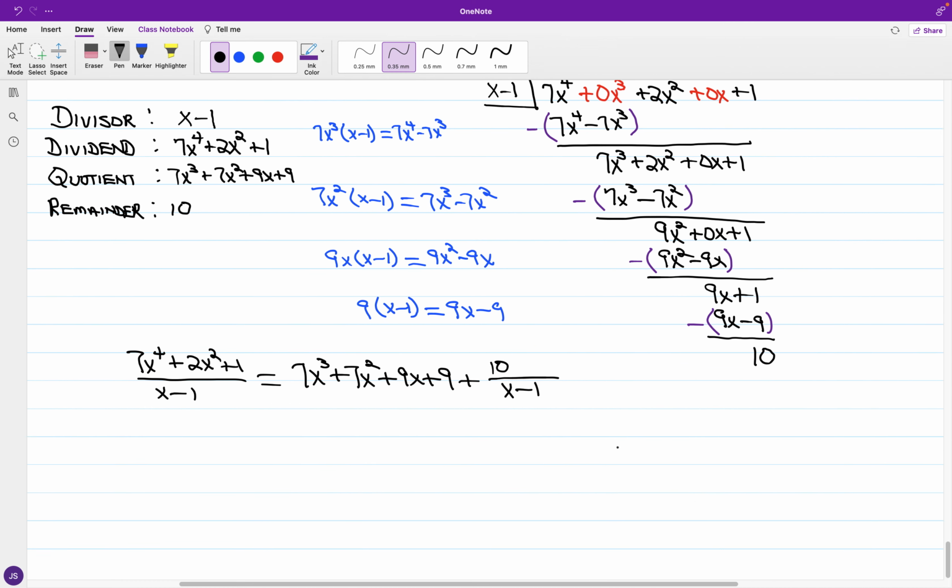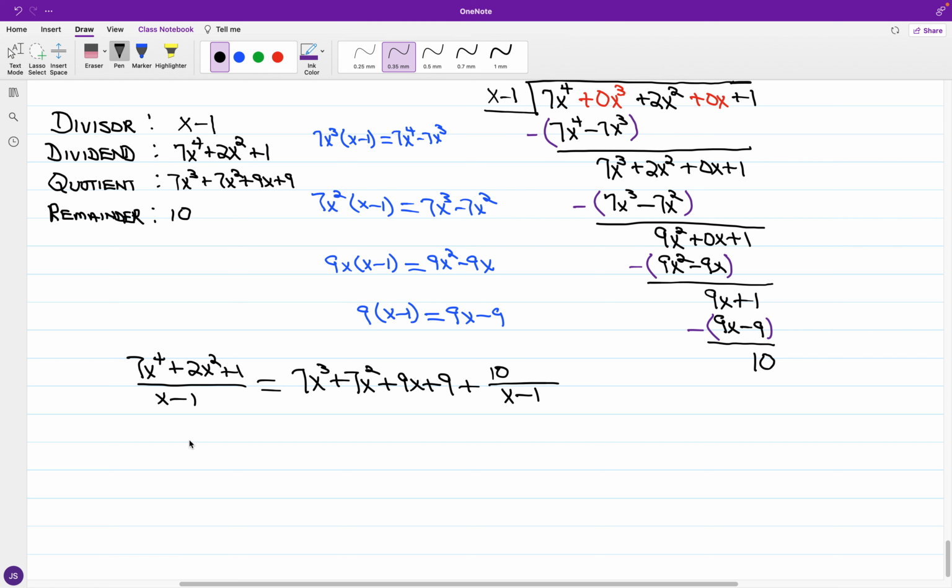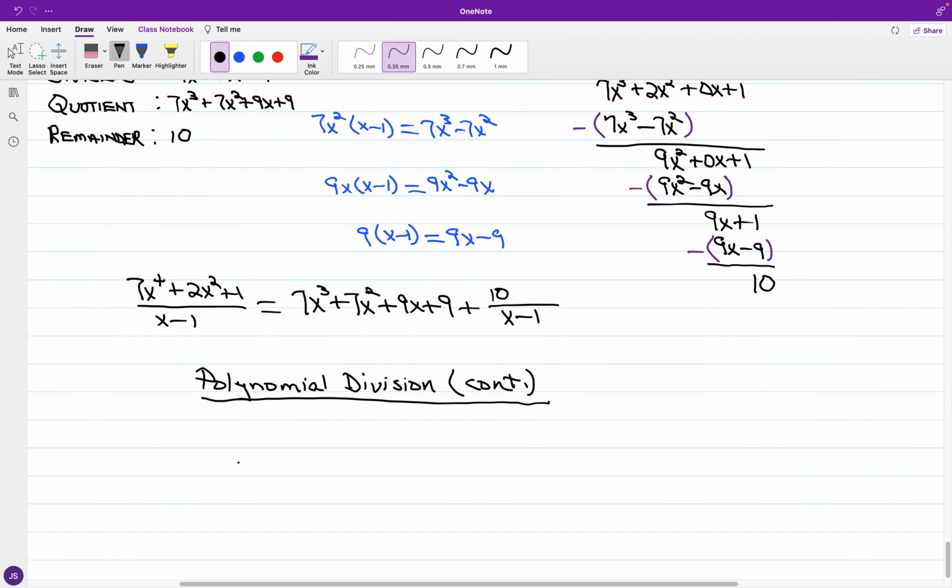Okay, and now we're going to have, in the case of transitioning from long to synthetic division, for a polynomial, again, it's kind of going back to the theoretical notation, like when we were looking at end behavior.